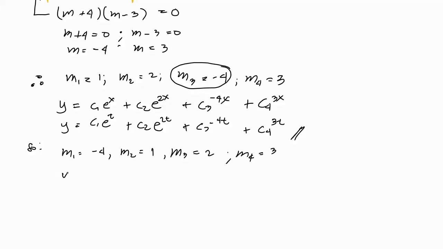So if you use these roots, then we have c1 e to the negative 4t plus c2 e to the t plus c3 e to the 2t, and lastly c4 e to the 3t.